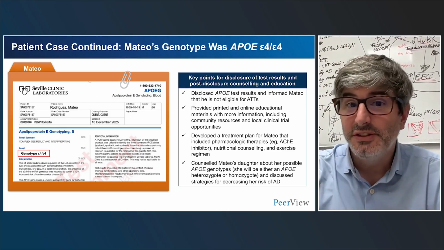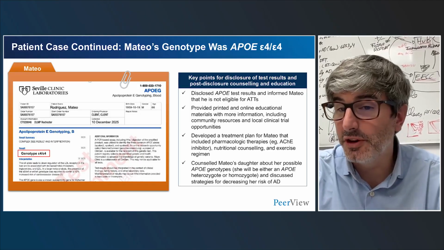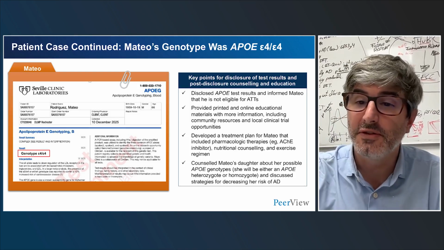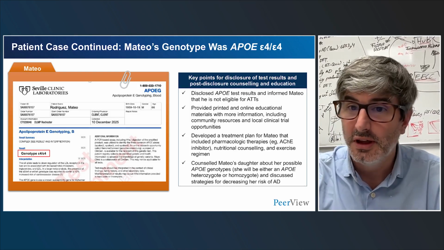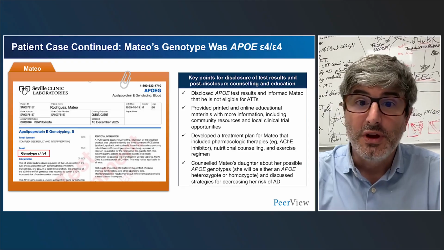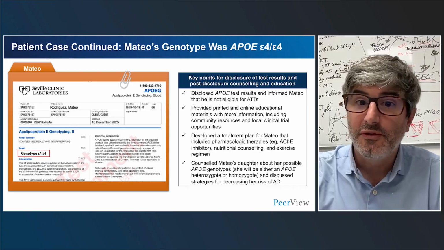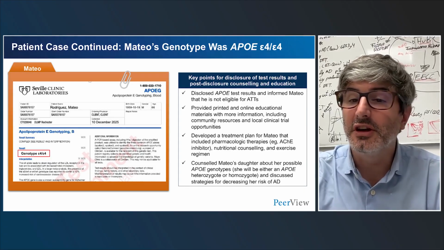In Europe, at least, we should inform him that he's not eligible for anti-amyloid therapies. As you know, this is a particularity in our region. We cannot prescribe these drugs in homozygotes as opposed to other countries. We should provide printed and online educational materials with more information, including community resources and local clinical trial opportunities.